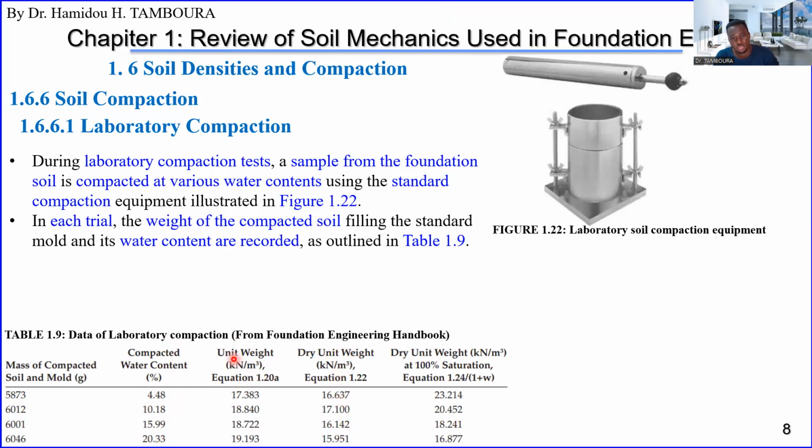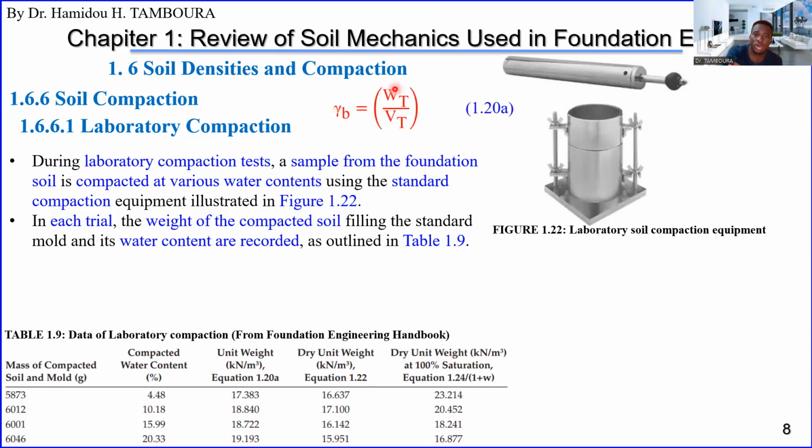From this one and the water content, you can obtain the dry unit weight. Some people also compute the dry unit weight at 100% degree of saturation. So you get a table like this from all the tests you do.